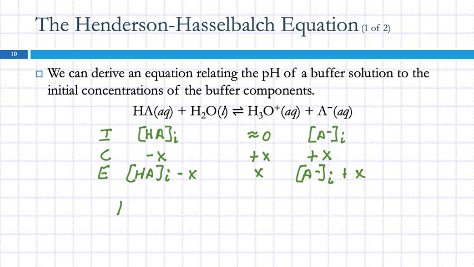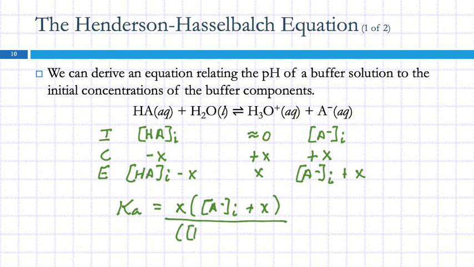So the equilibrium constant is equal to the concentration of the products divided by the concentration of the reactants. I just did the same thing we did in the previous problem, except I don't have numbers. I have a variable for these concentrations.